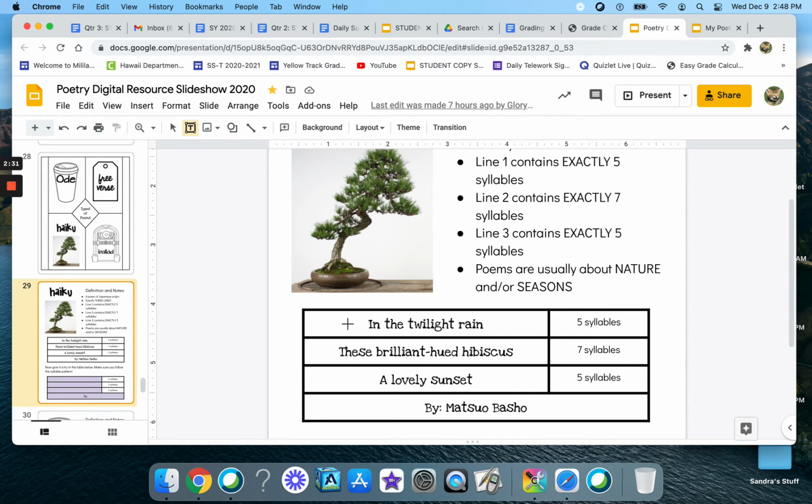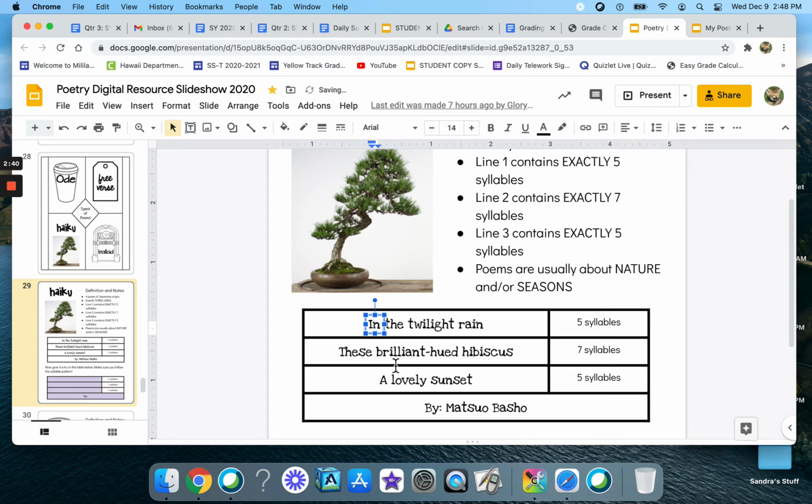In the twilight rain, as you can see, this first line has 5 syllables. In is the first syllable. The is the second syllable. Twilight has 2 syllables, twi and light.